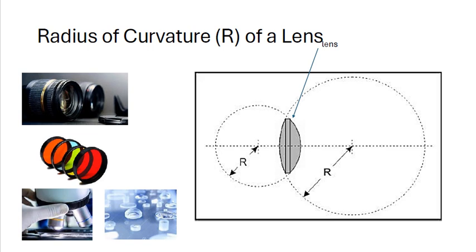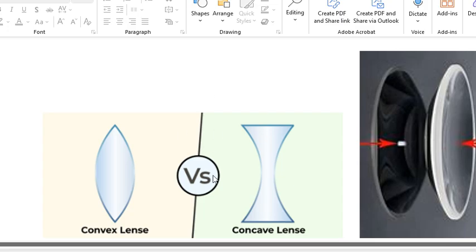Okay, and I want to show you we have two different types of lens. If you have a convex lens, look at this curvature, so the radius is going to be around here. And then of course the other side, that's a biconvex. And here you have your concave, biconcave lens.